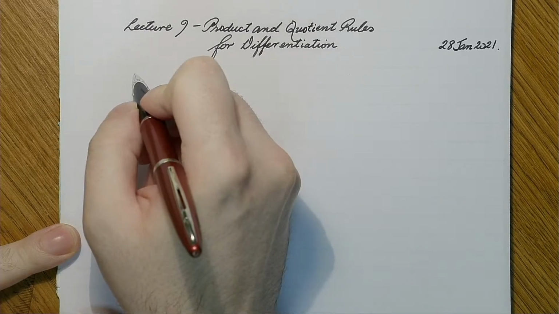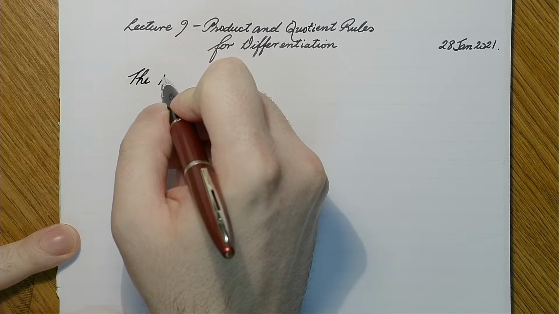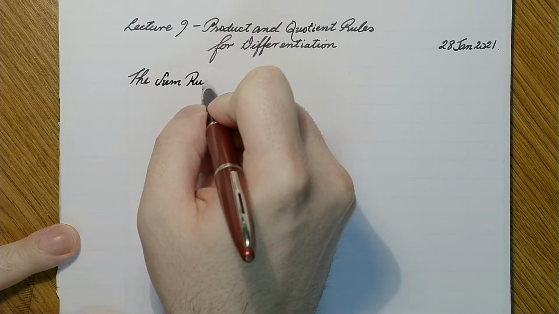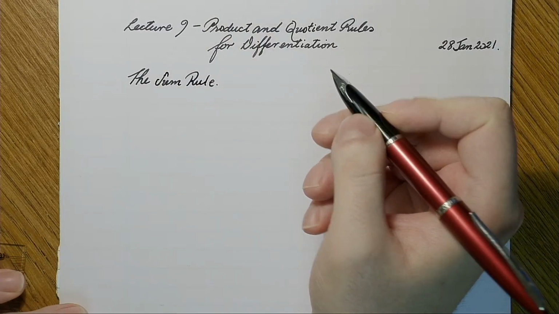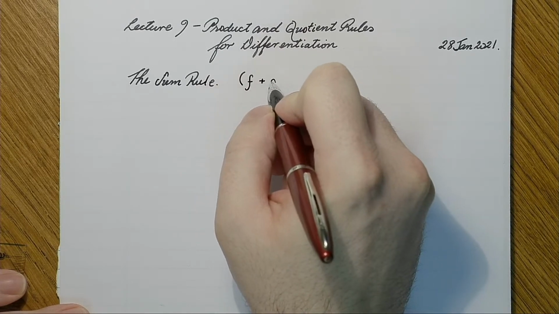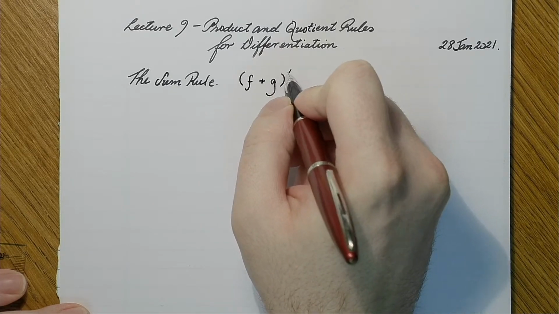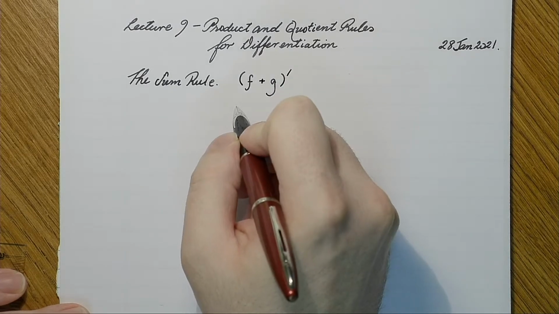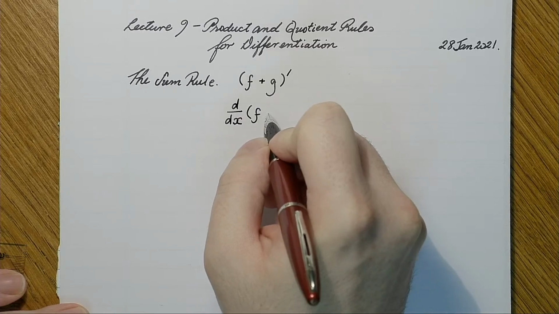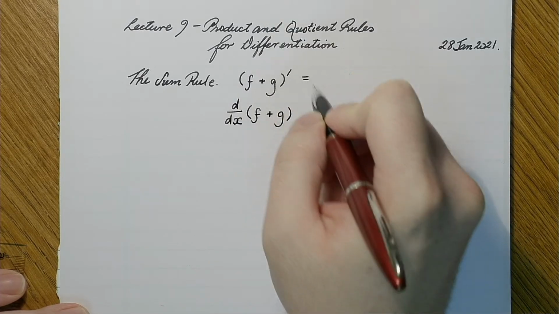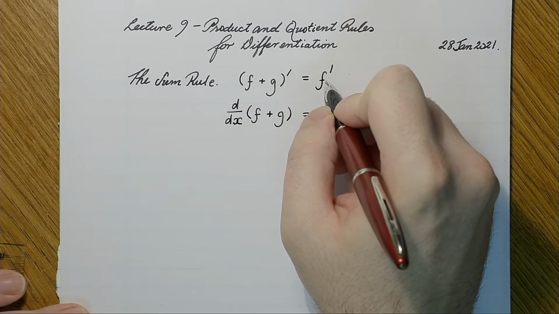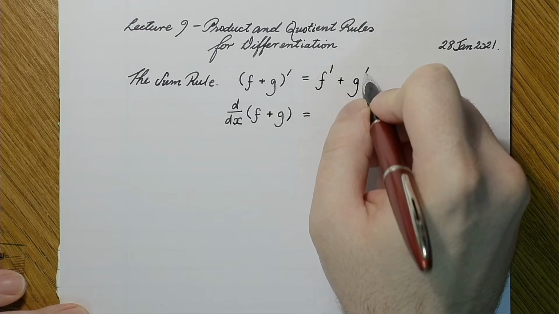So the product rule. Maybe I'll start with the sum. In the sum rule, if we had two functions f and g, f plus g, and we differentiate that, or using Leibniz notation, it's just f prime, the derivative of f, plus the derivative of g.